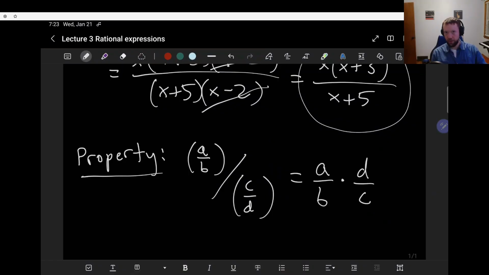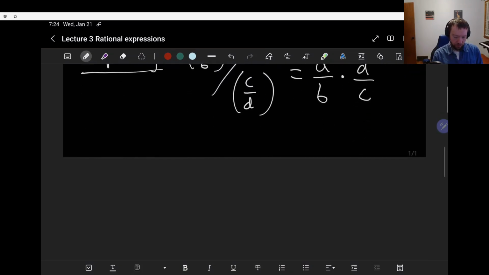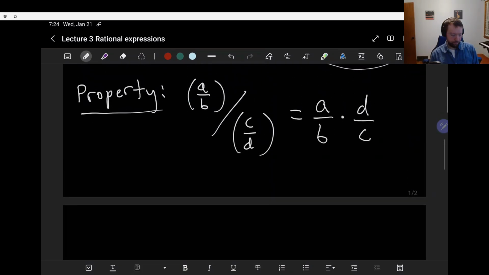So fraction divided by fraction, you can reframe it as multiplication, so times the reciprocal of that fraction in the denominator. I would recommend always doing this when you see fraction divided by fraction. It's just a much easier way to go about this.